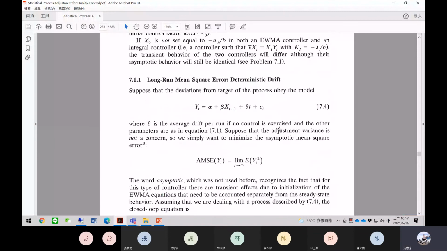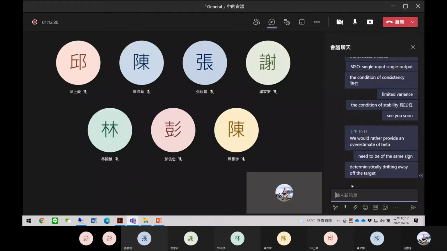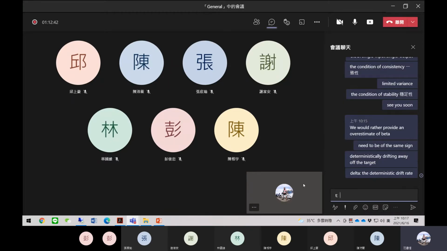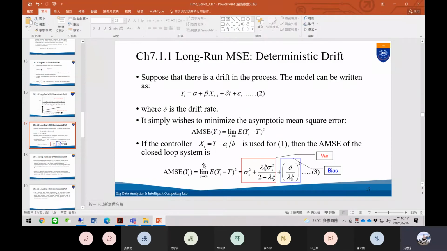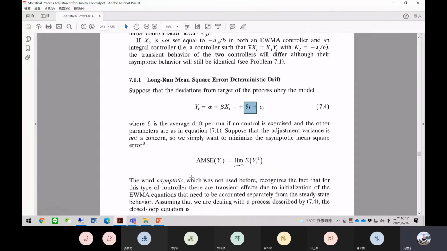Now the long run mean square error with deterministic drift. Delta is the deterministic drift, t is the time period.